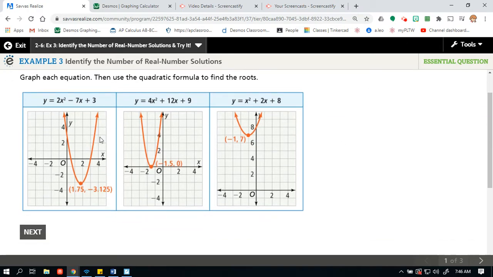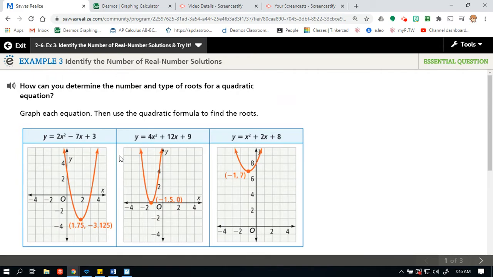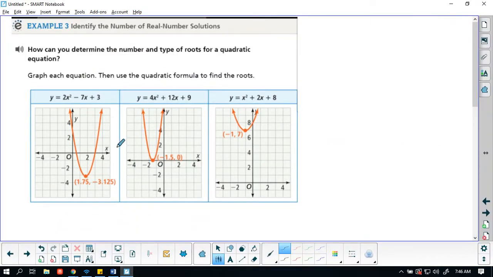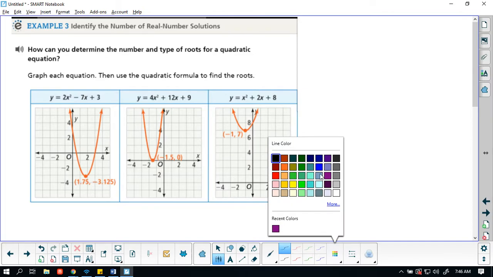So looking at this, we have three different graphs with three different formulas. And what they want us to do is use the quadratic equation to solve for these. So I have my graphs here. I'm going to have a reminder off to the right.